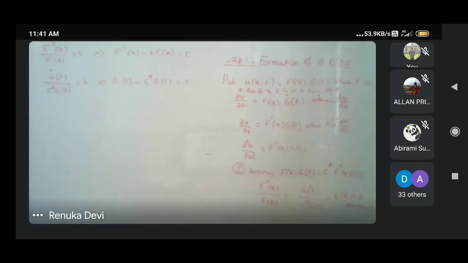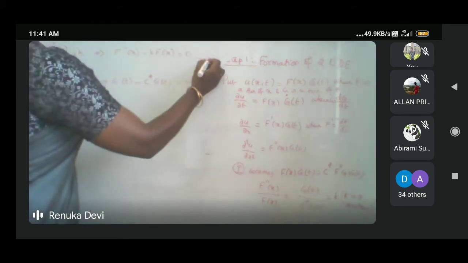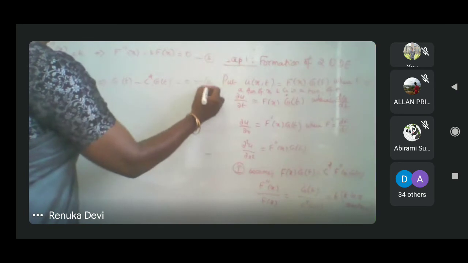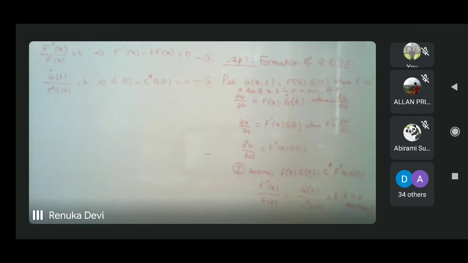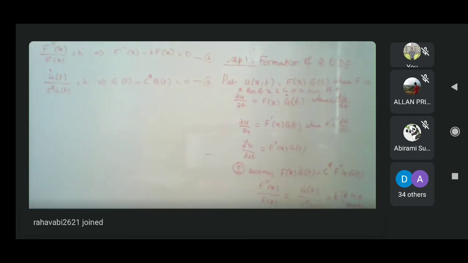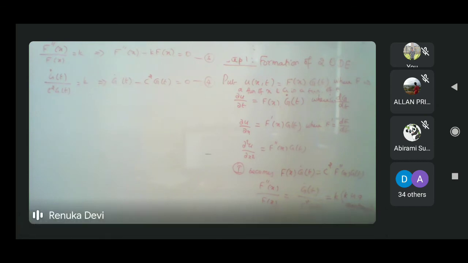Okay. Already we are having equation 1, equation 2. I take this as equation 3 and this as equation 4. So we have just arrived at two differential equations. Now you have to solve these two equations. That is, we have to find f and g.